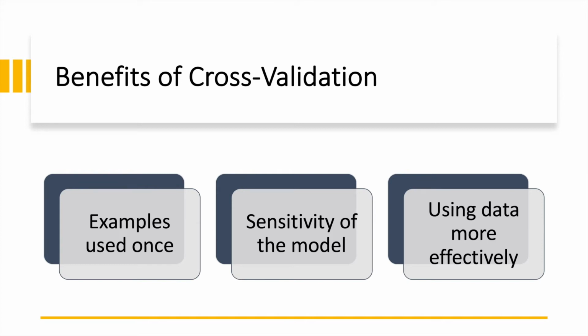And when using 10-fold cross-validation, we could use 90% of the data to fit the model. More data will usually end in more accurate models. But this is not all beautiful all the time. There are some disadvantages to doing the cross-validation. And the main disadvantage of cross-validation is increased computational cost.